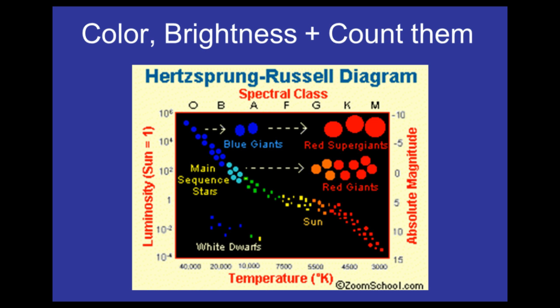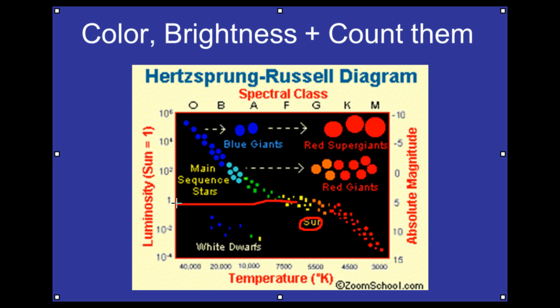Therefore, it's given a value of 1. Write that down. If we locate our sun on the HR diagram, and here it is on this diagram, and move left across to luminosity, so we move across this way toward luminosity, we see its value at something around 1.